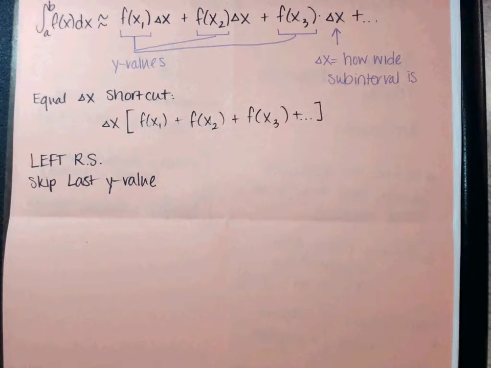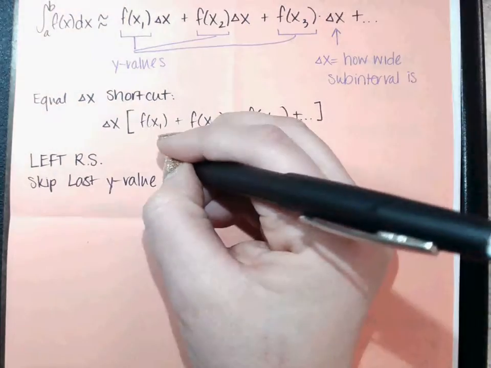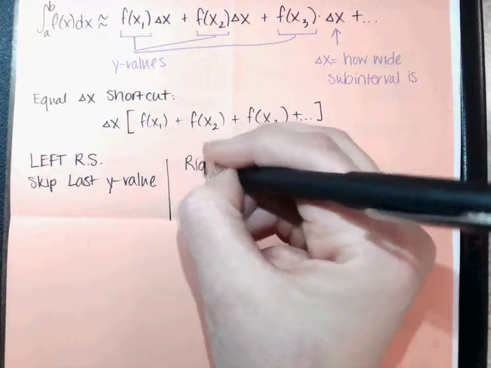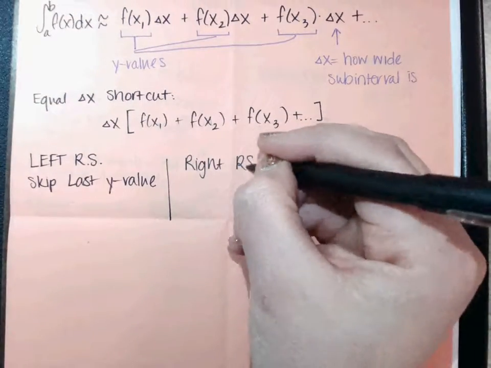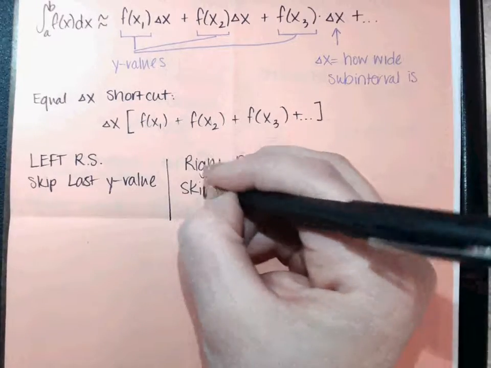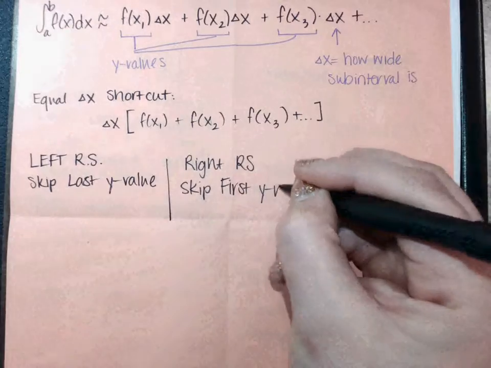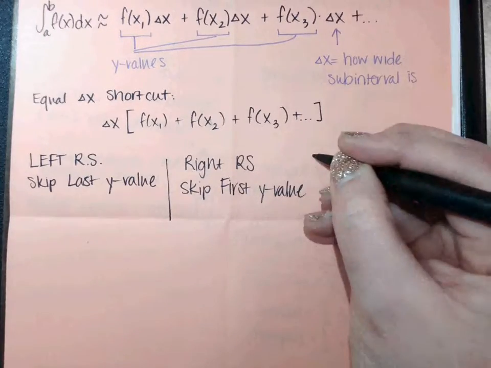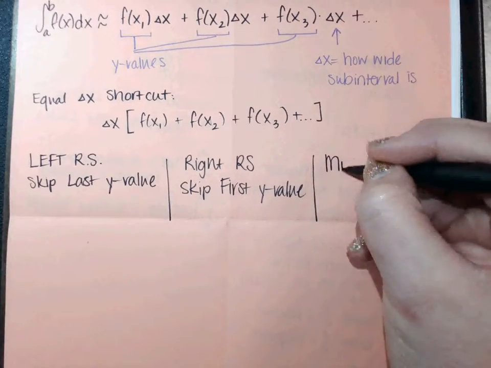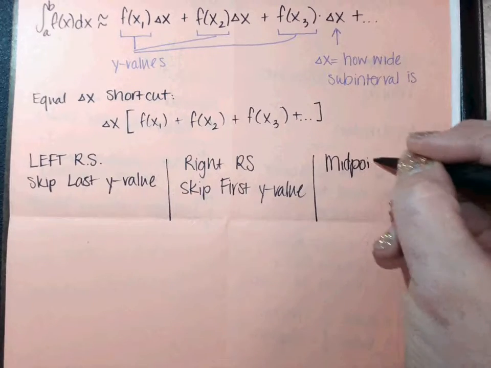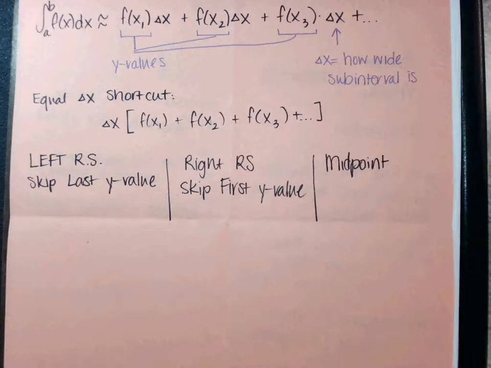What about if it is a right Riemann sum? Who gets skipped? Okay, so right Riemann sum, you are going to skip the first y value. And if it is a midpoint, does anybody get skipped? No, but what do you have to remember to do when you set up your intervals?